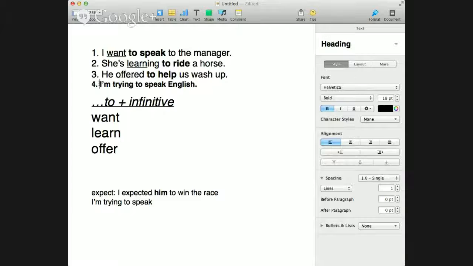If you have a look at what I've done up here, I've underlined the verb that's important for us to know because want, learn, and offer, and as well in this case try, is the one that determines what comes next. And after try, yes, you have to have the infinitive. So I can add it onto this list.